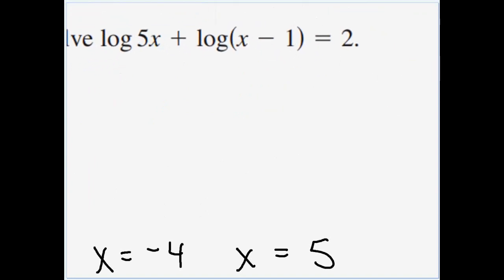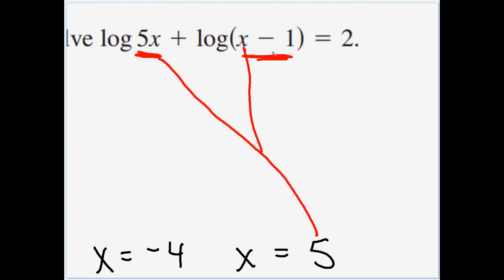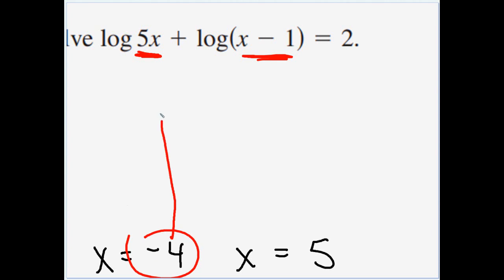Okay. So here's where we're concerned. We're logging a 5x and an x minus 1. If I plug the 5 in there, 5 times 5 is 25, no harm done. Plug the 5 in there, 5 minus 1 is 4, it's positive, it's all good. Negative 4. If I put the negative 4 in there, I would be logging a negative 20. And you can't log a negative.